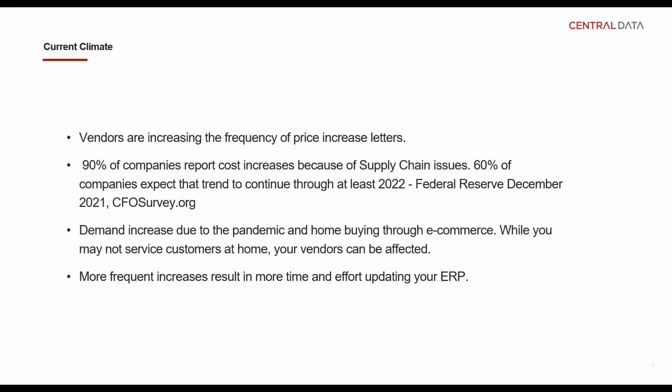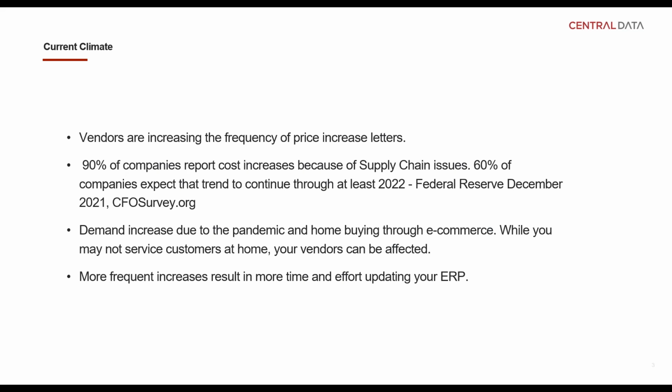So the current climate, we've heard the buzzword of supply chain and the woes of supply chain recently on the news, on normal news channels that you're not necessarily hearing your supply chain news from. So vendors are increasing the frequency of price increase letters. One of the interesting tidbits that I saw last month, it came out in December, but 90% of companies report cost increases due to the supply chain issues that we're experiencing.